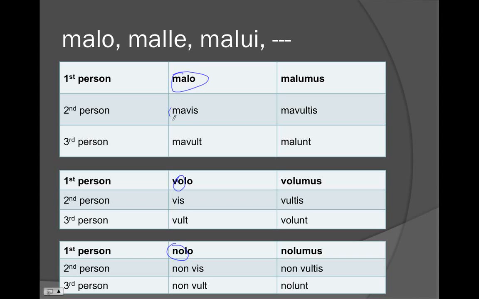Magis actually becomes shortened to ma, and this is one word, so mavis, mavolt. But not mavolumus, but malumus. So it contracts just like nolumus did. Mavoltus? No, we're going to keep the full form voltus, just like we did with non voltus. And malunt, a contraction just like nolunt.